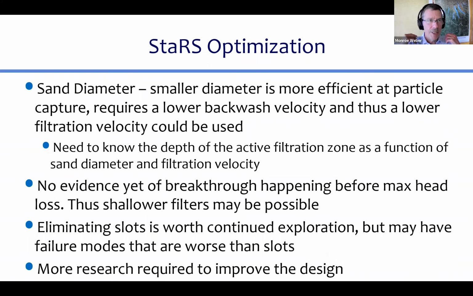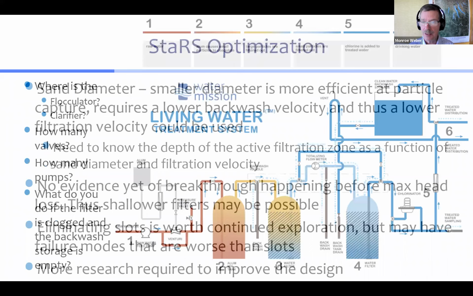All those things we went with a reasonable value at the beginning, and then we didn't touch it. Clearly, unless I have an amazing ability to roll the dice and get the right answer on the first try, none of those can be optimal. So there's lots of opportunity for more breakthroughs. More research needed, which is why filtration research is one of the things that is happening at Ohio State.